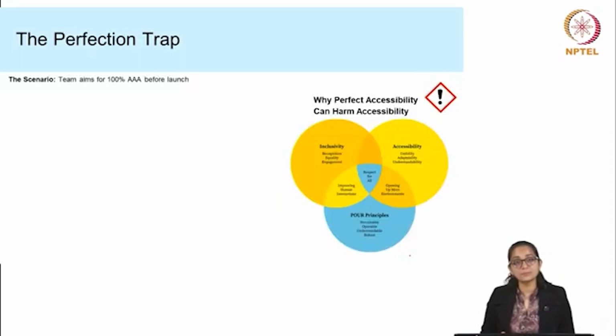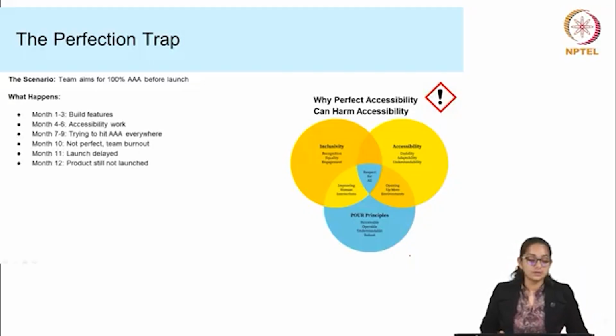But still, sometimes some organizations and teams aim for a perfect 100. For example, the team aims for 100% AAA before launch. But what happens? In the first 3 months, you build the features.